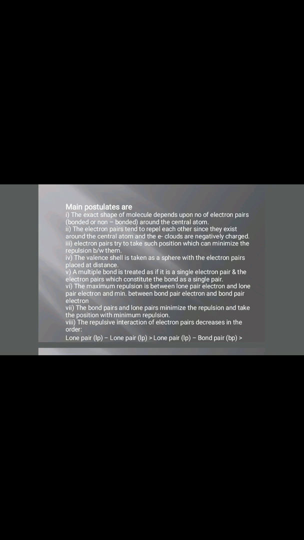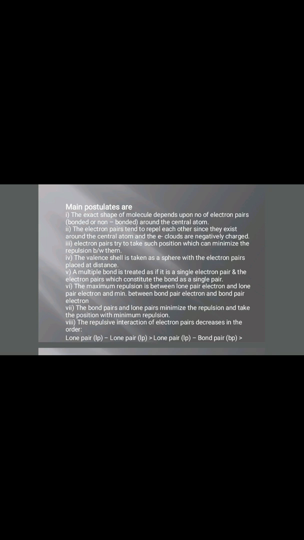and the molecule is said to have a regular geometry. Fourth point, if the central atom is linked to different atoms or is surrounded by bond pairs as well as lone pairs of electrons, the repulsions between them are different.